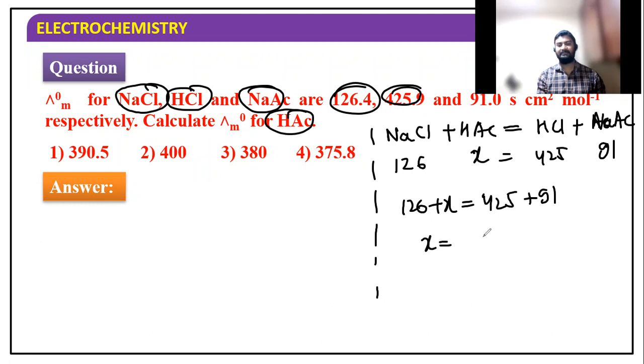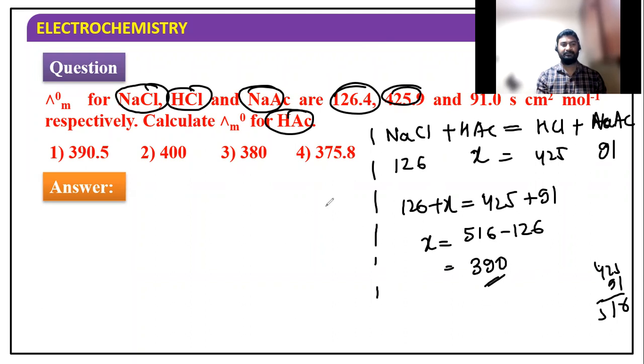X will be 425 plus 91, which is 516. So it would be 516 minus 126, which is going to be 390. So 390 approximately. So the answer is option 1.